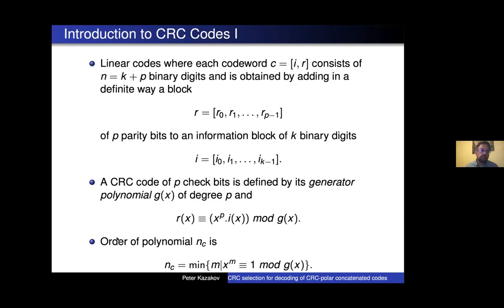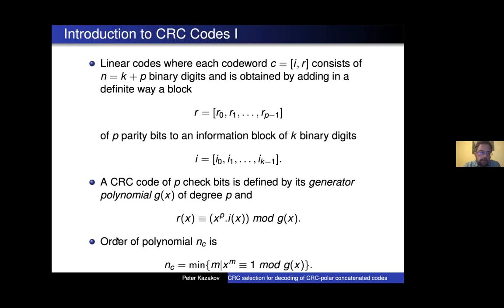The main question is how we form this block of p bits. The general approach for CRC codes is that we use a generator polynomial g(x) of degree p. We multiply x to the degree p by I(x), and then we take the result modulo g(x).